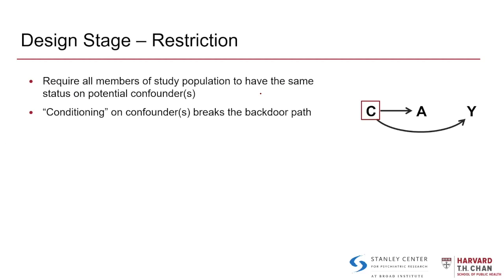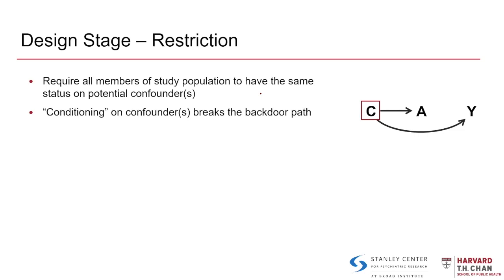The third type of design stage control that we can apply is restriction. Restriction requires all members of your study population to have the same status on a key potential confounding variable. You might remember, this is something that we discussed in DAGs.